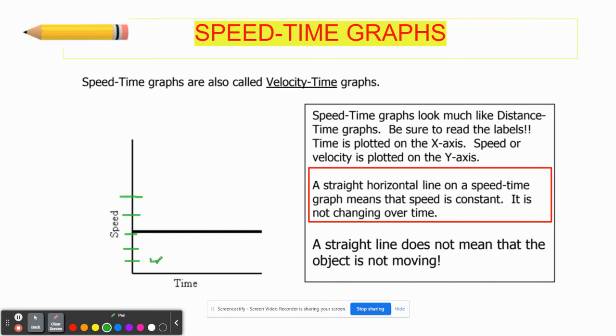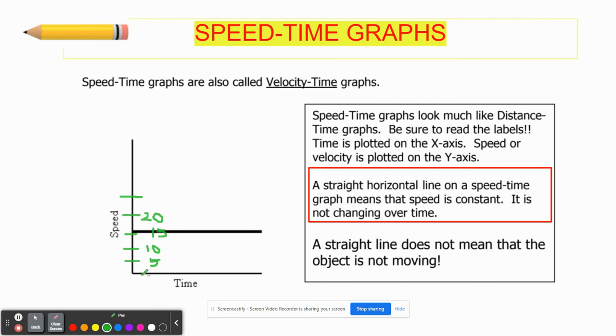We'll say that that represents 5, there's 10, here's 15, and here's 20. I don't know what this object is, but it's some object.